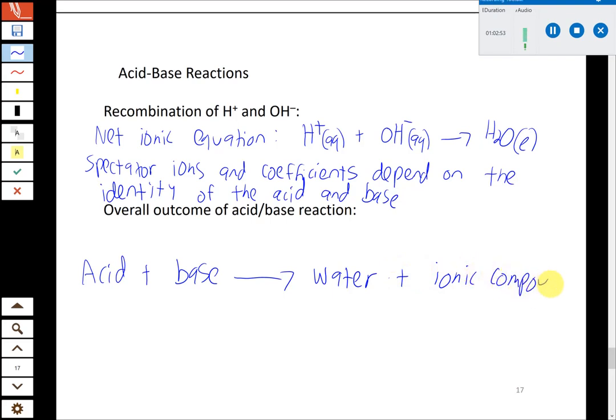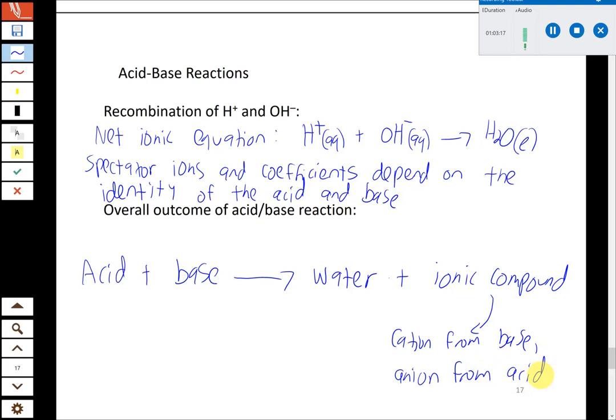And so this is the basic form of any acid-base reaction, pun not intended. So acid plus base makes water plus ionic compound, where the ionic compound, as we said, the cation comes from the base, whatever was paired with OH minus in the base reactant, and then the anion comes from the acid, whatever was paired with H plus in the acid.